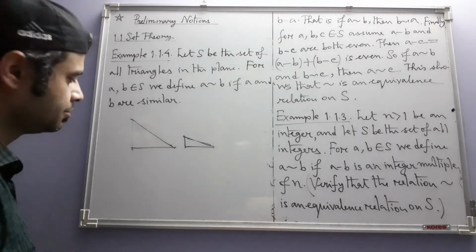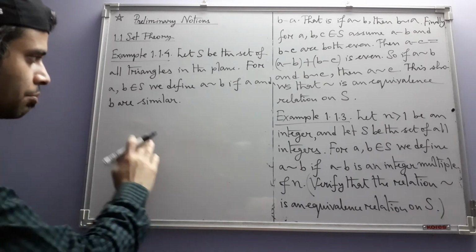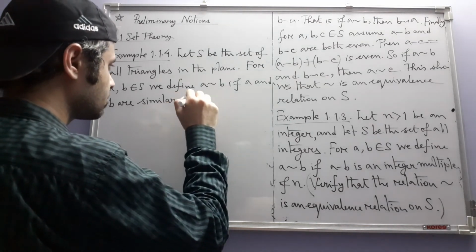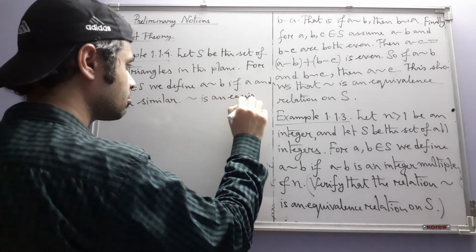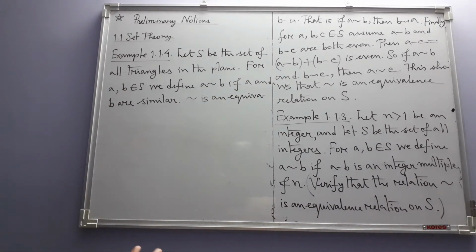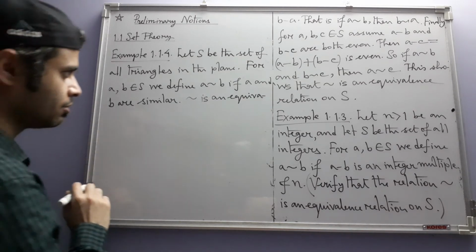That is similarity. And using properties of Euclidean geometry, you can easily show that this is an equivalence relation. You don't even have to use properties, you just use the definition of similarity of two triangles, then that will give you the fact that this is an equivalence relation.